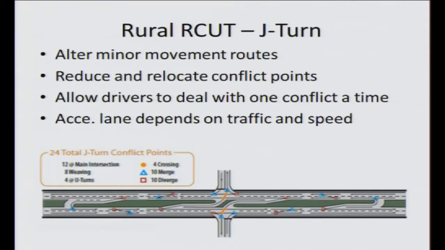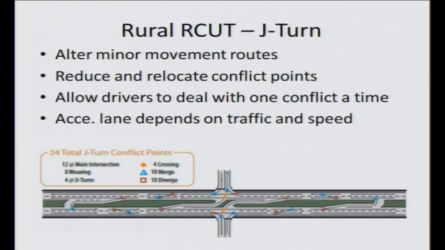Okay. And there are two forms of RCUT design. One is called the rural RCUT. This is for rural areas, and Maryland uses this a lot. They also call it a J-turn. The concept is we alter the minor road traffic movement, alter their travel route. By doing that, we eliminate the far side angle conflict.